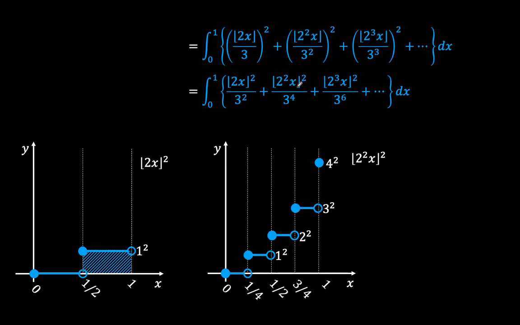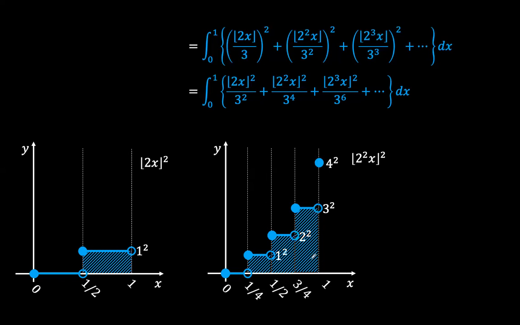And then for the 2 squared x floor squared, the integration from 0 to 1 would be the area of these rectangles. That would be, for example, 1 squared over 3 to the power 4 times a quarter, plus 2 squared over 3 over 4 times a quarter.